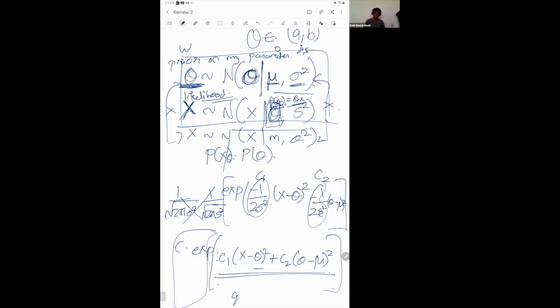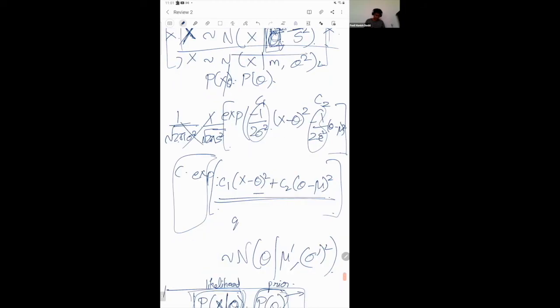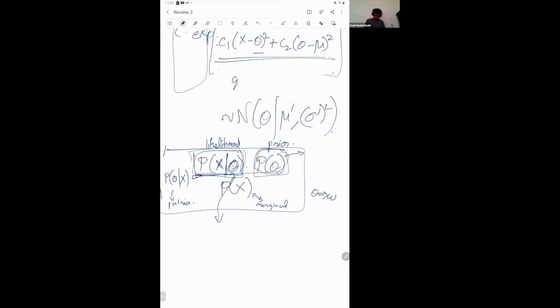So conjugate distributions ensure that when you multiply probability of x given theta and probability of theta, where theta are the parameters of your distribution, and this is the prior with, let's say, parameters a comma b, this gives a new distribution that you get after seeing your x.